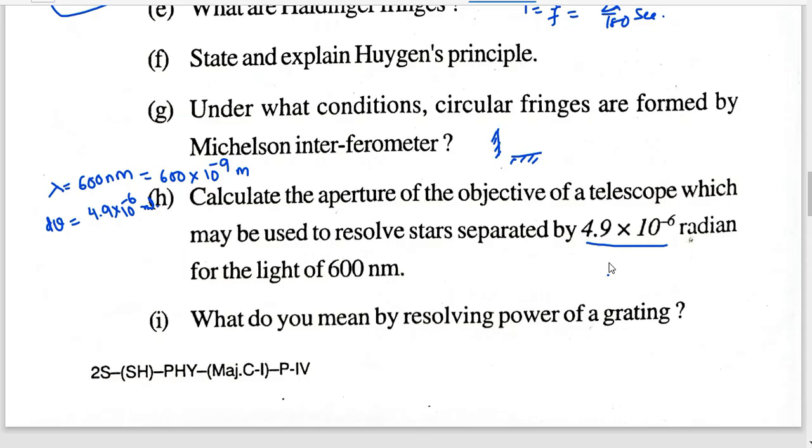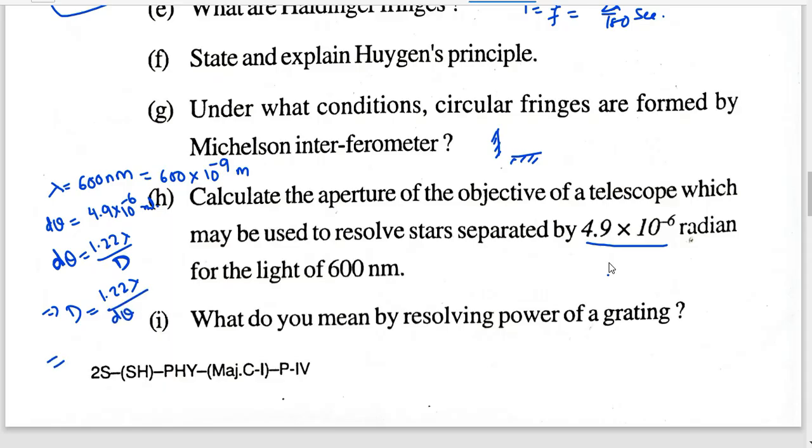Now we have to find the aperture. The formula is d theta equal to 1.22 lambda by capital D, where D is the aperture of this telescope. This is the resolving power and angle, the resolution formula. So we need to find D. D is equal to 1.22 lambda divided by d theta.